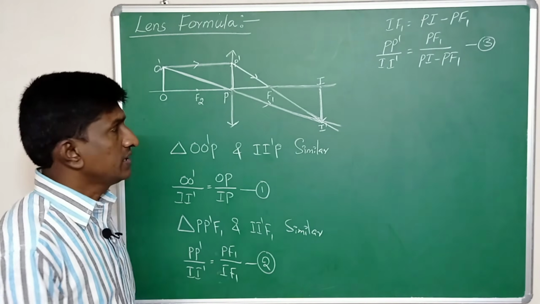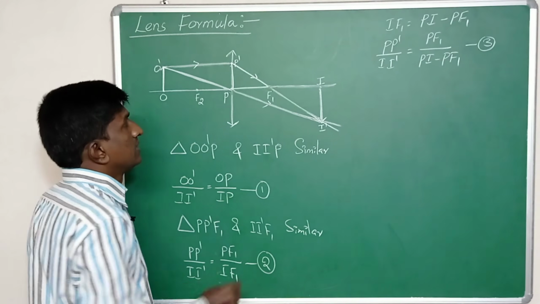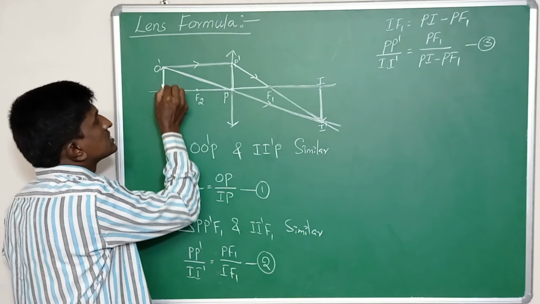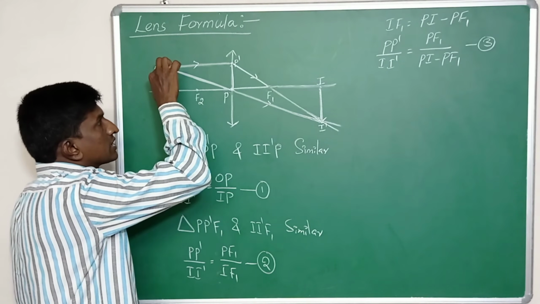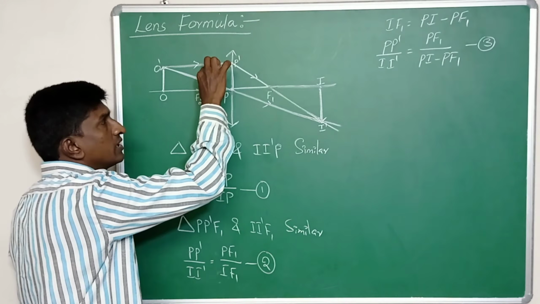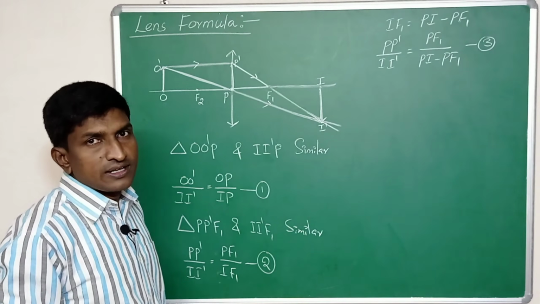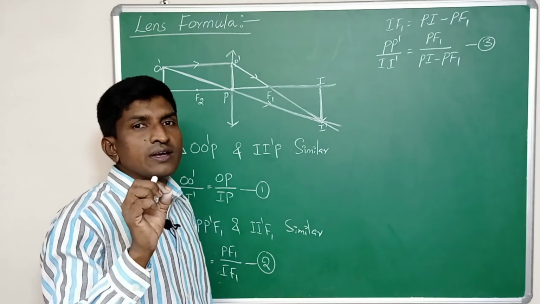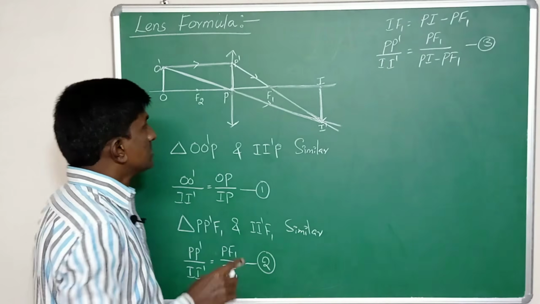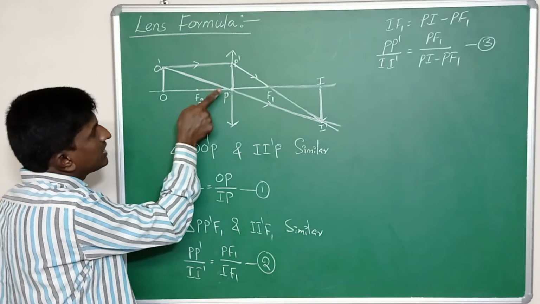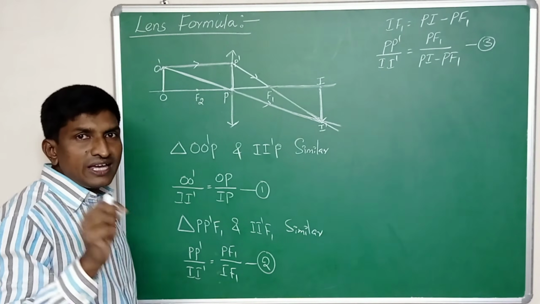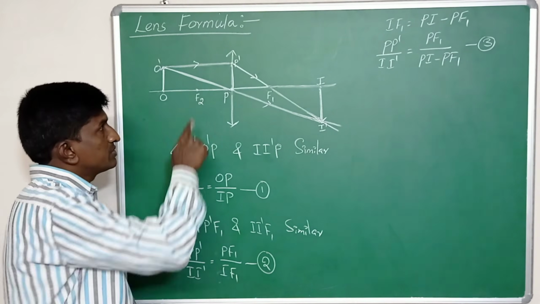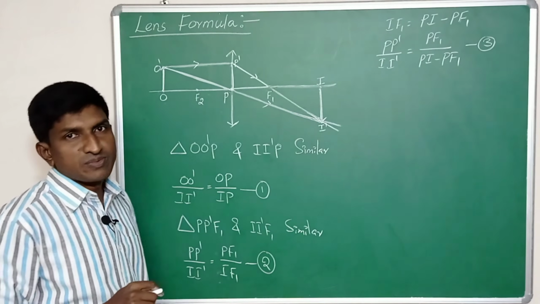If you observe carefully in this figure, PP dash and OO dash are the two heights between two parallel light rays. The distance between parallel light rays anywhere is the same. So OO dash and PP dash are equal, the distance between the incident light ray and the principal axis.